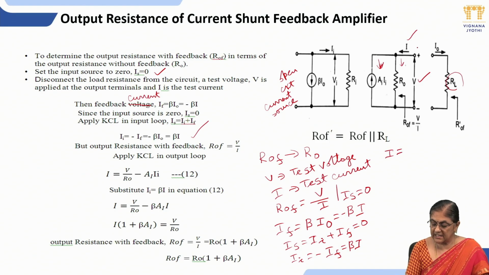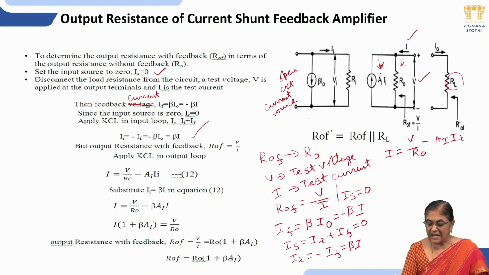I is test current, that is equal to current flowing through this R0. How much current is flowing through this R0? Voltage drop across R0 is V, and current flowing through R0 is V by R0 minus AI into II. Why did you get minus? Because direction of this current source is opposite to this direction. Then you will get minus.